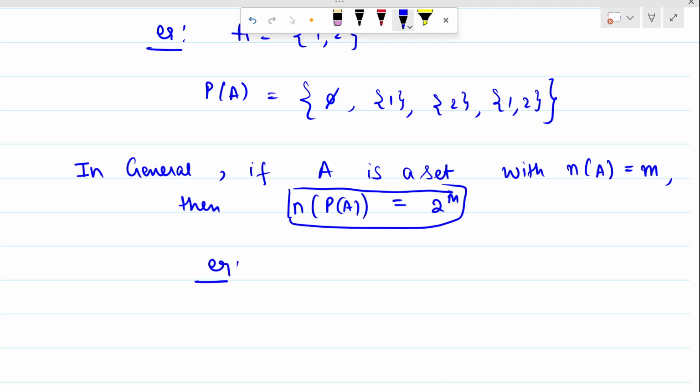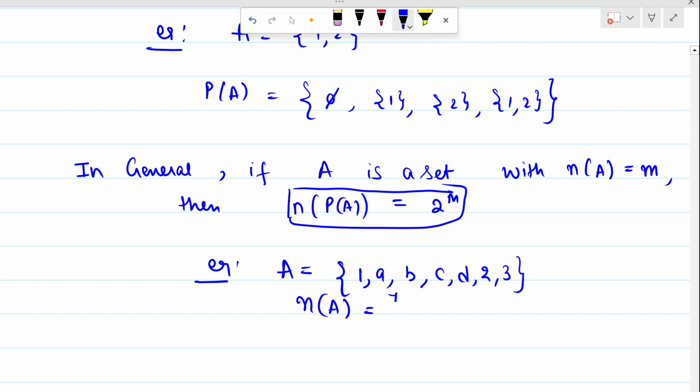Example, if set A contains 1, a, b, c, d, 3, so we have n(A) equal to 7 elements. If we take the power set of A, it should have 2 raised to 7 elements, that is 128 elements.